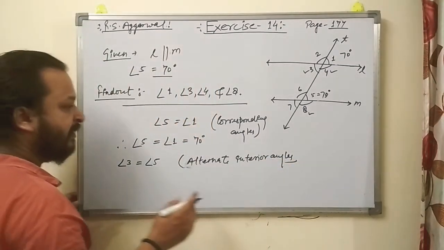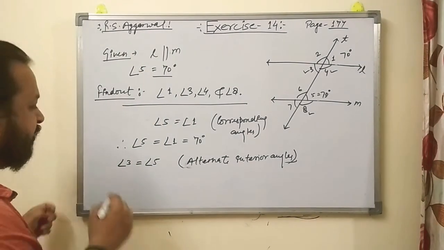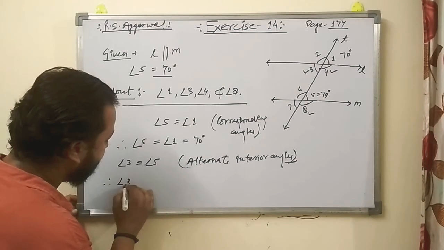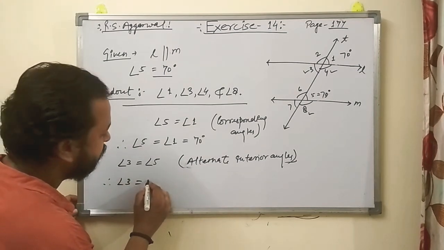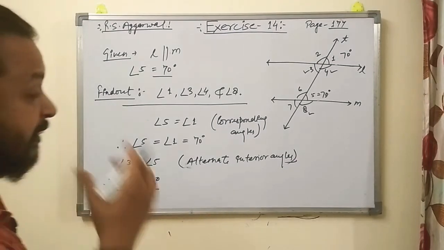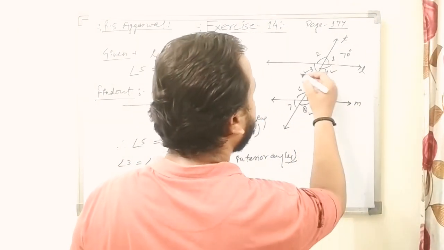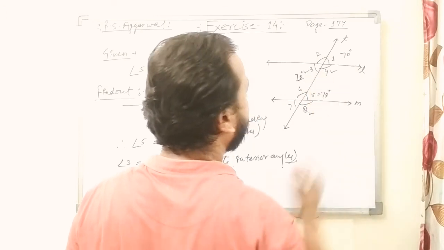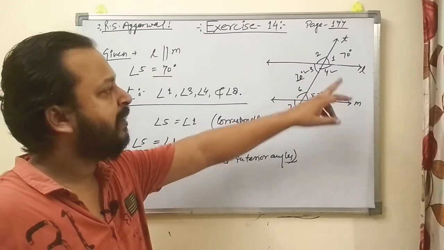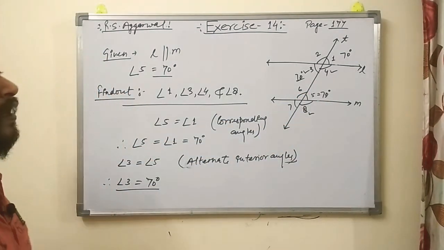So therefore angle 3 is also equal to 70 degrees. So angle 3 is 70 degrees. Now we have to find out angle 4 and angle 8.